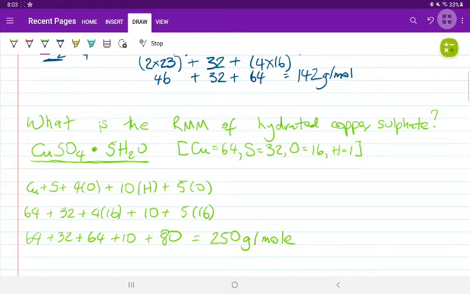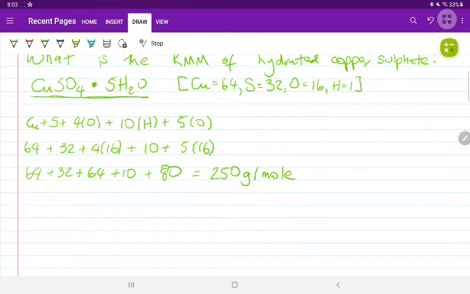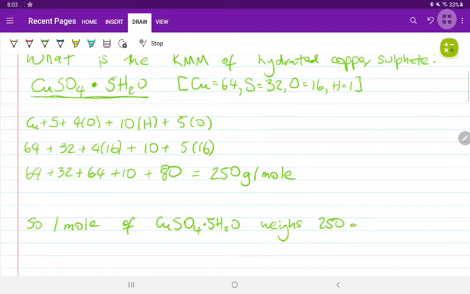That means 1 mole of this compound, this hydrated copper sulfate, weighs 250 grams, and because it's 1 mole, it contains 6.02 times 10 to the 23 copper sulfate molecules.